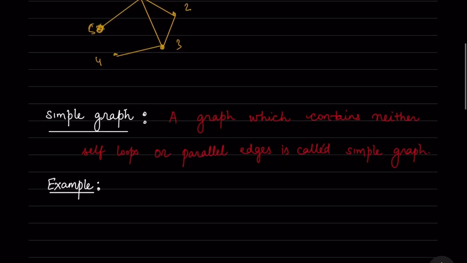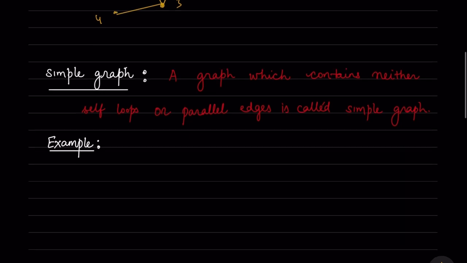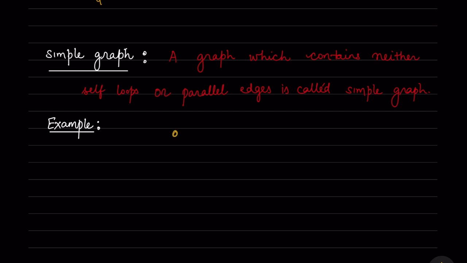The next definition is about a simple graph. A graph which contains neither self loops nor parallel edges is called a simple graph. Let us take an example. This is a simple graph, meaning in this graph there is no self loop and no parallel edges.